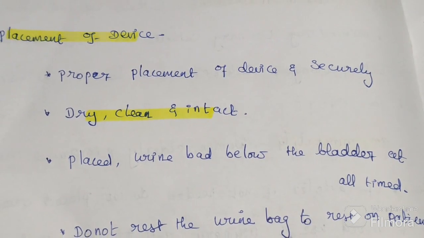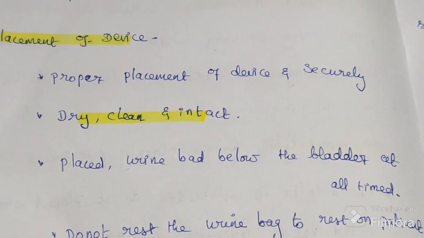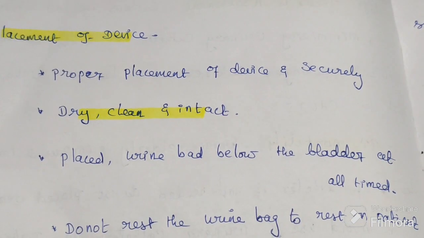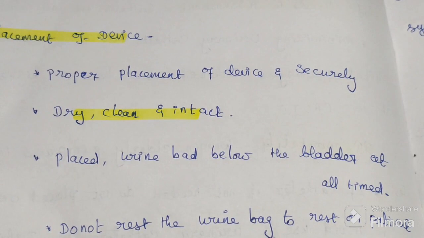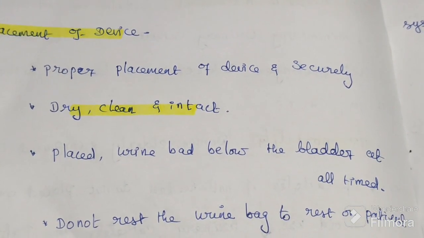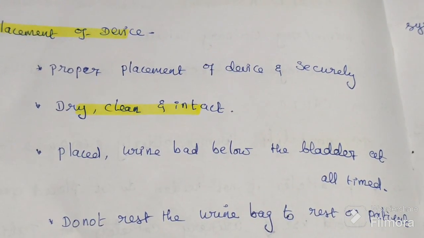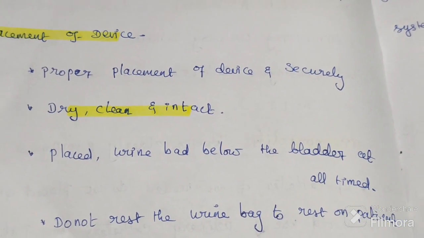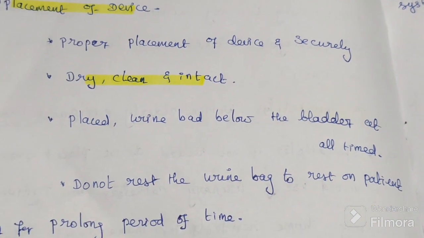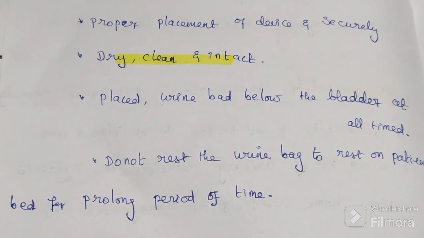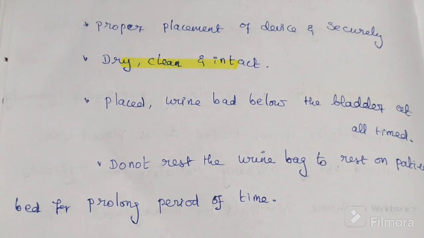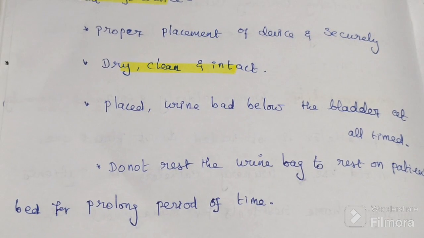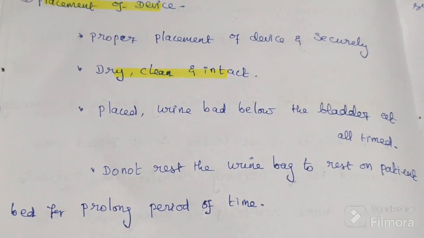Drainage bag or urine bag must be placed below the bladder at all times. Do not allow the urine bag to rest on the patient bed for a prolonged period of time. This will lead to clogging, that will lead to accumulation of microorganisms, bacteria and other infectious agents.